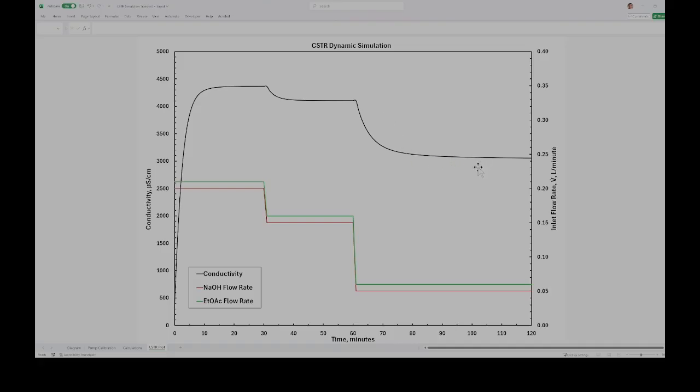If everything was done exactly perfectly, then our measured conductivity values would fall right along this curve here, indicating that we have indeed a good model for our system. I wish you good luck in your analysis, and I hope that this simulation will be useful for you.